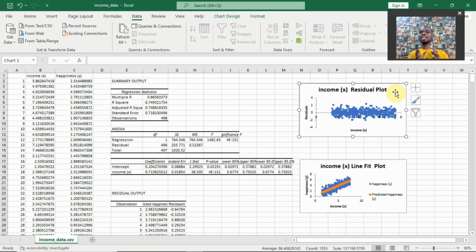It means that the influence of your independent variable, your control element, is not linear with your dependent variable.